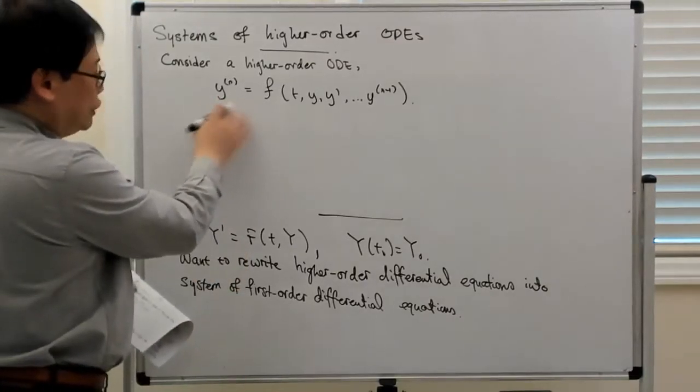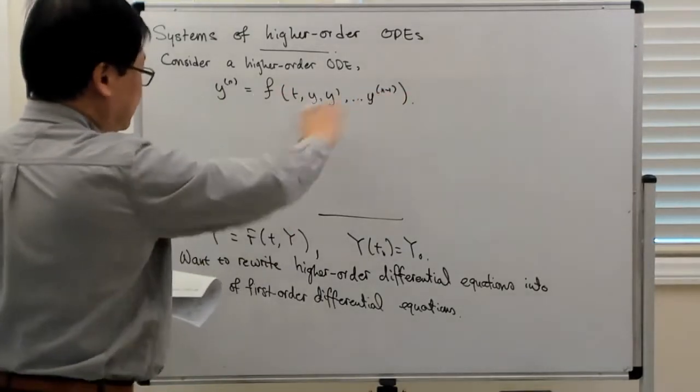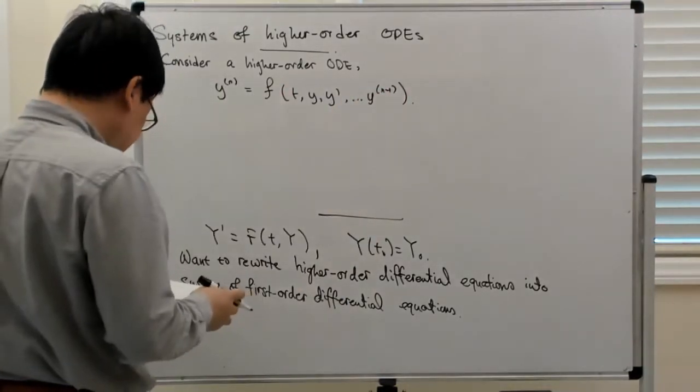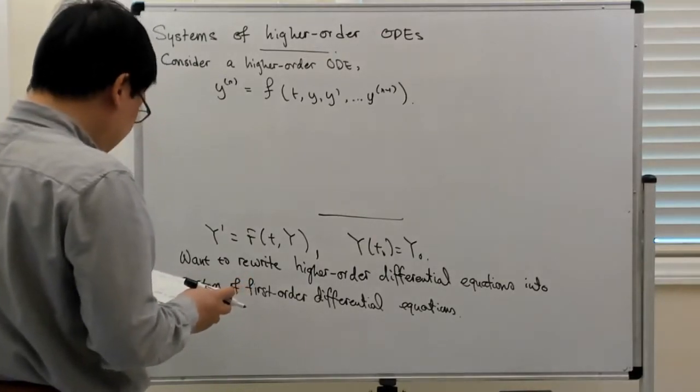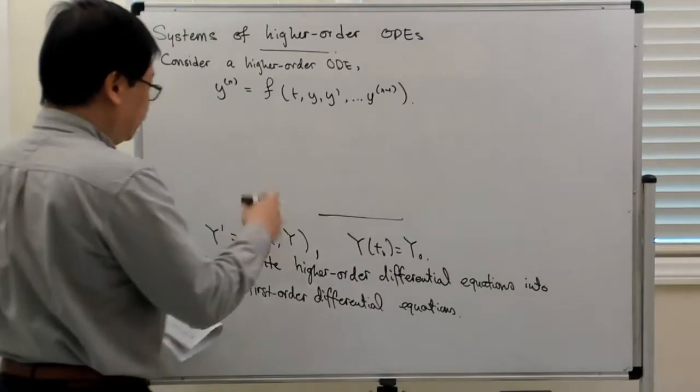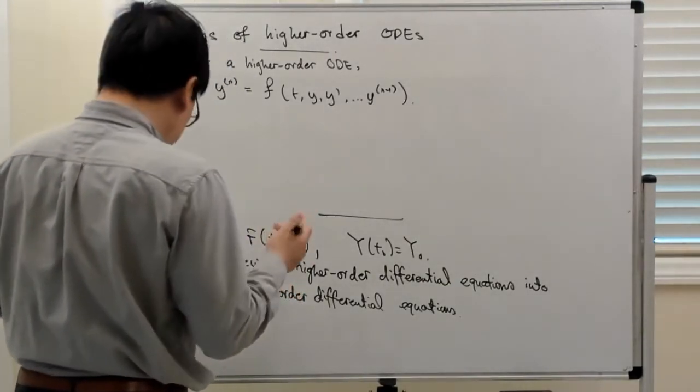So in particular, you have to solve for this nth derivative in terms of t and y and its derivatives up to n minus 1. Okay, and then what you're going to do basically is rewrite this as a system of first order equations by doing the following substitution.